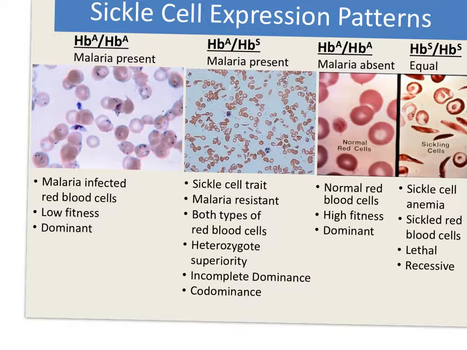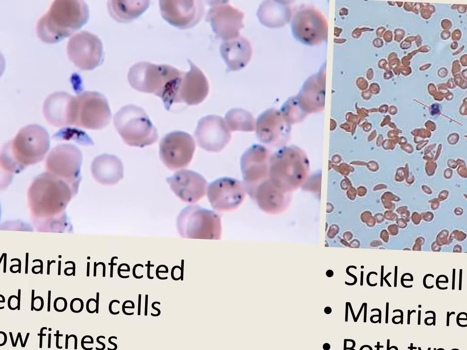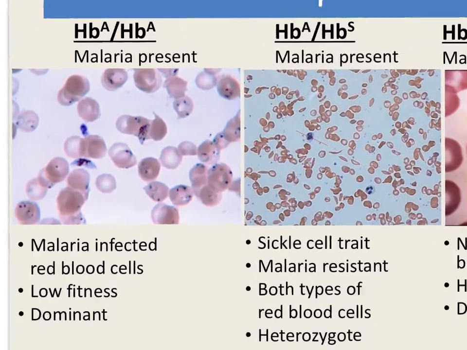Okay, so if you have malaria that's present and you have wild type, normal hemoglobin, HbA, HbA, this is where these individuals get infected with the Plasmodium parasite, as you can see. A lot of these red blood cells have been infected. Eventually they're going to burst open, there's a long life cycle, you don't have to know. But that's what it looks like.